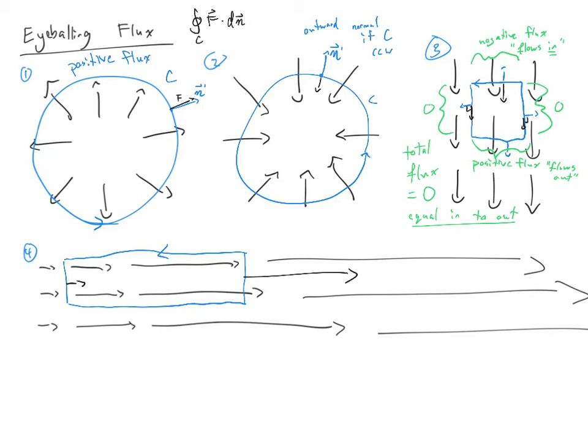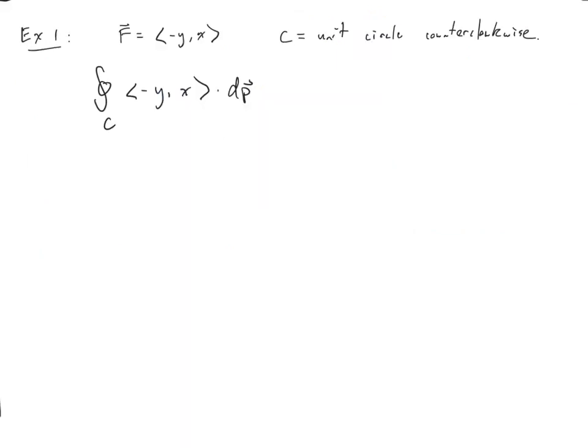So this is more flowing out than flowing in, so this has positive flux. So the flow out is bigger than the flow in, just by eyeballing it. Yeah, we will think more about this as we do more examples.